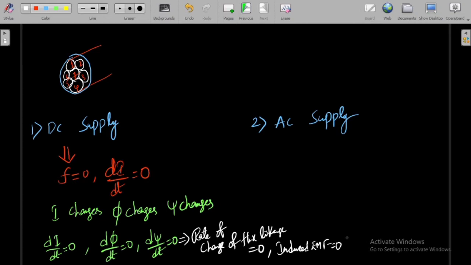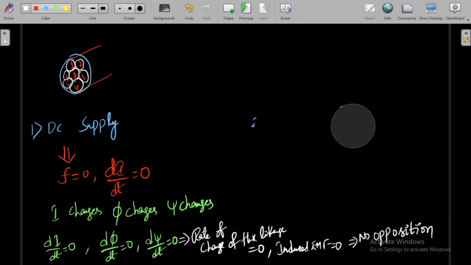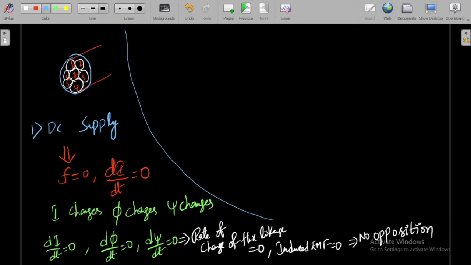So when the induced EMF is equal to 0, there is no opposition. This is the case with the DC supply. There will be no opposition for the current in any strand, so the current is distributed uniformly.